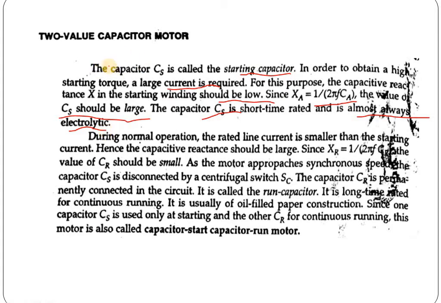During normal operation, the rated current is smaller than the starting current. Hence, the capacitive reactance should be large. Xr equals 1 by 2 pi f Cr, so the value of Cr should be small.